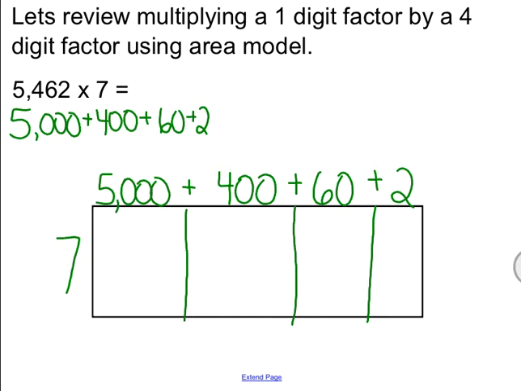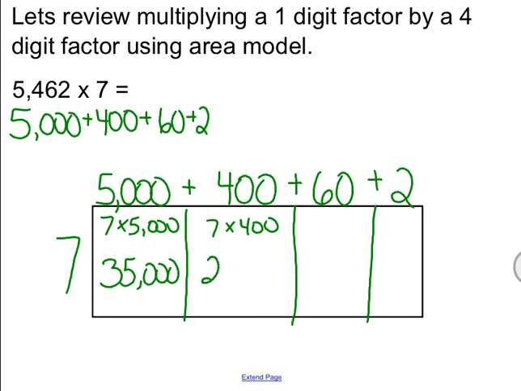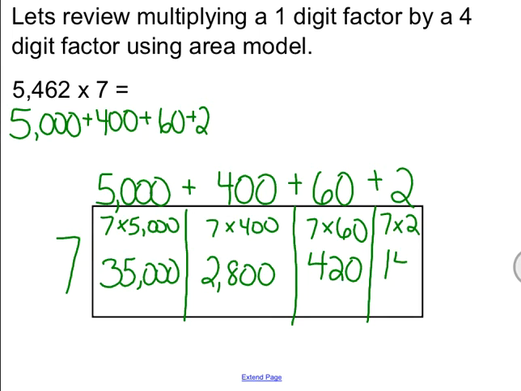So for the first part, I'm going to multiply 7 times 5,000, which is 35,000. Then I will be multiplying 7 times 400, which is 2,800. Then 7 times 60 is 420. And then last, 7 times 2 is 14.